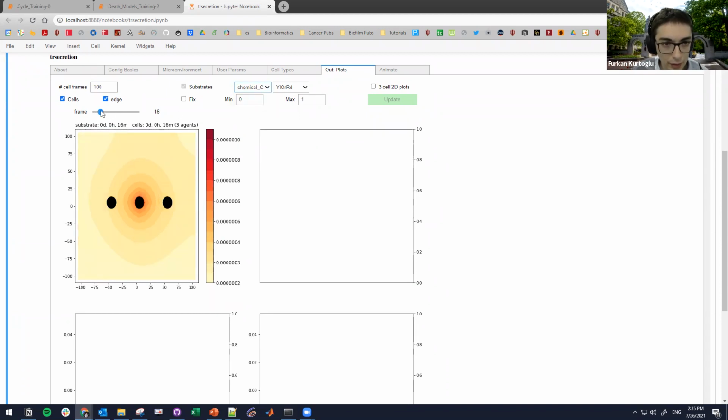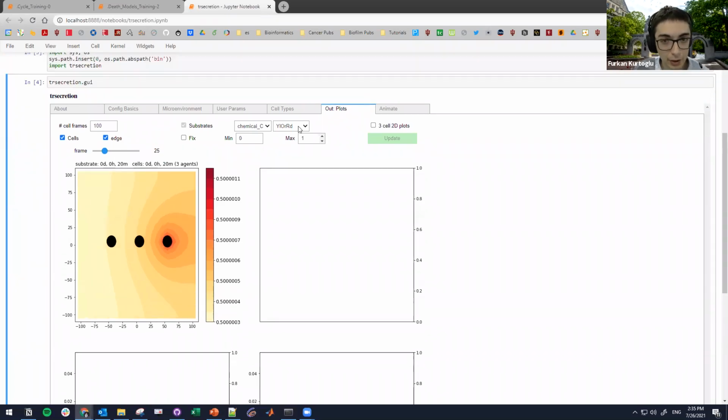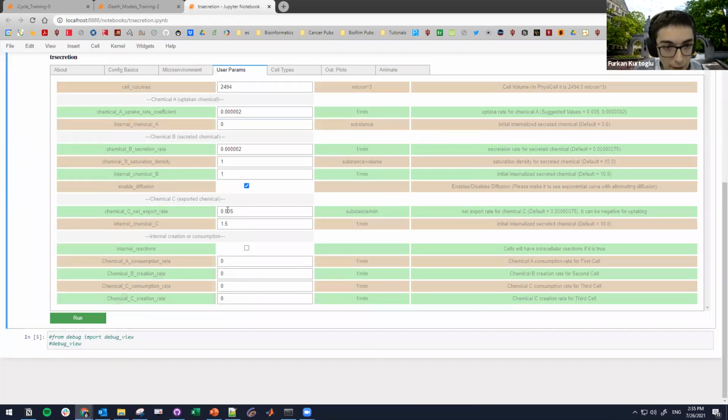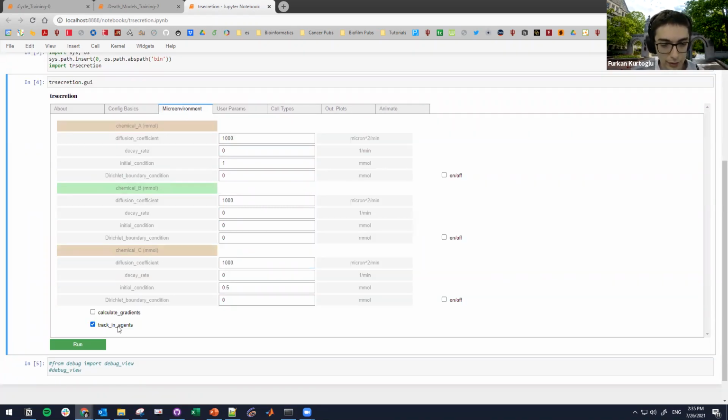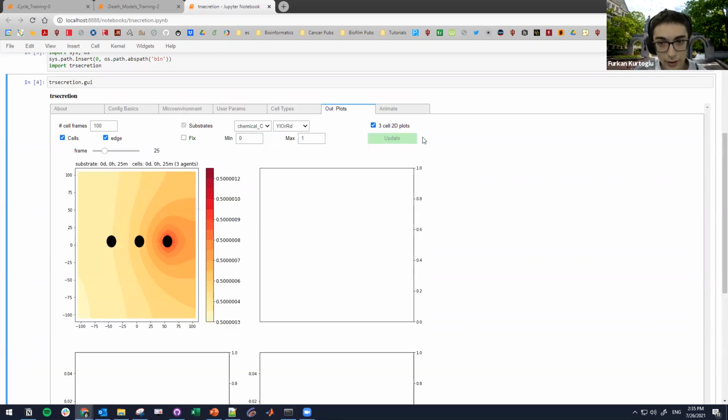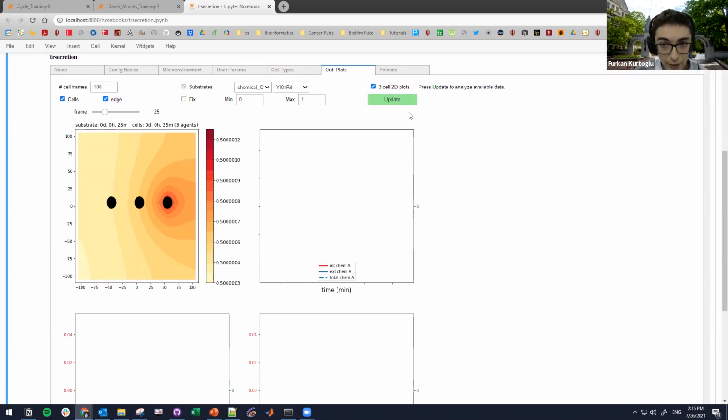And chemical C is again secreting some chemicals because the net export rate is positive. If it is negative, then it should uptake. And because the tracking part is enabled, we can calculate the internal part of the cell.